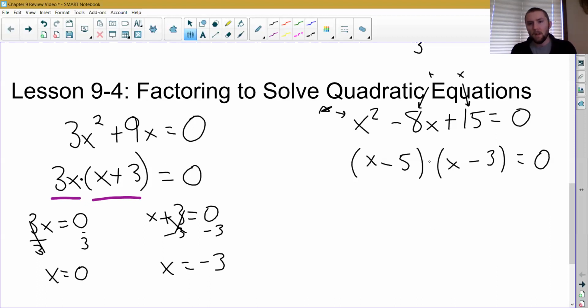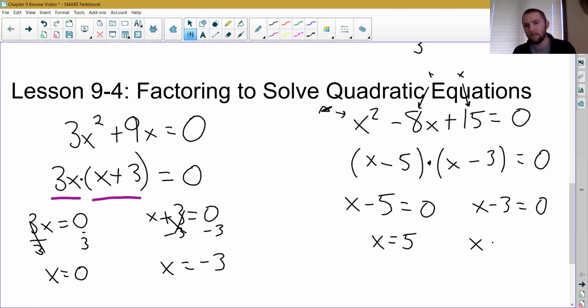Over here, we do exactly the same thing because we have these two pieces, x minus 5 and x minus 3. Each of those gets set equal to 0, and we end up with x equals 5 and x equals 3 just by adding 5 and adding 3 on each side.